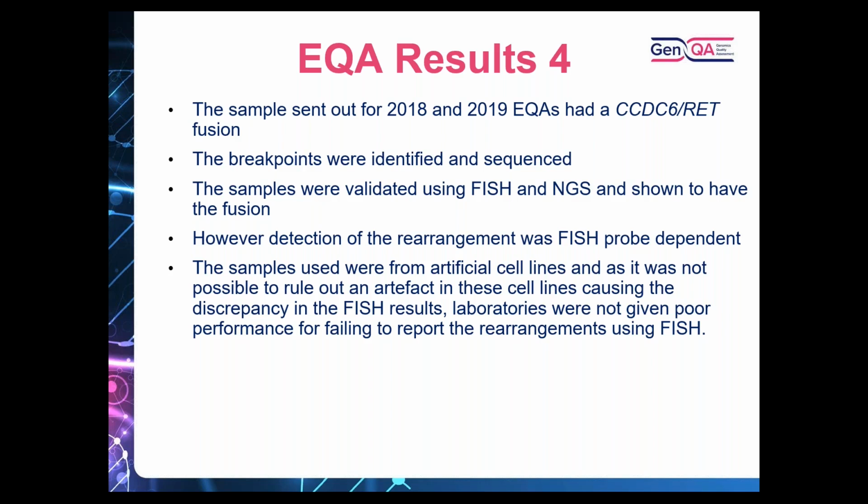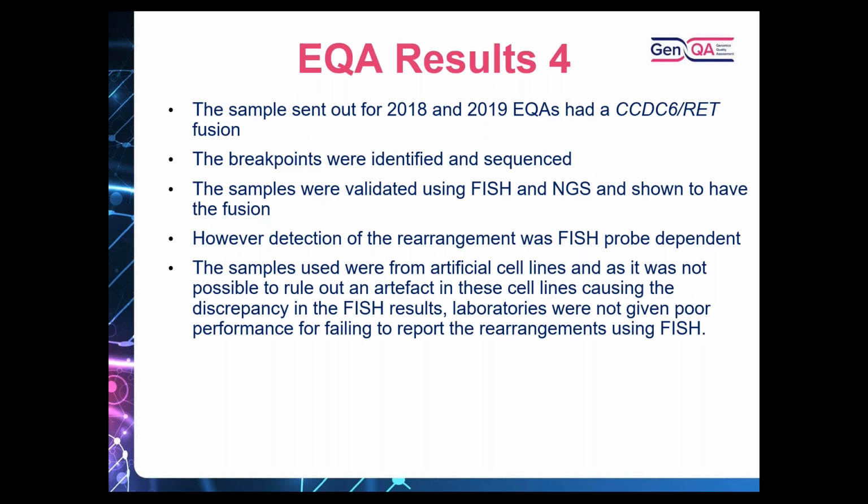However, when we went on to do a little bit further digging into why this might be the case, the samples we used were from artificial cell lines, and we couldn't rule out that because these could have been made in a way that would cause an artifact in them that would cause this discrepancy in the FISH results.